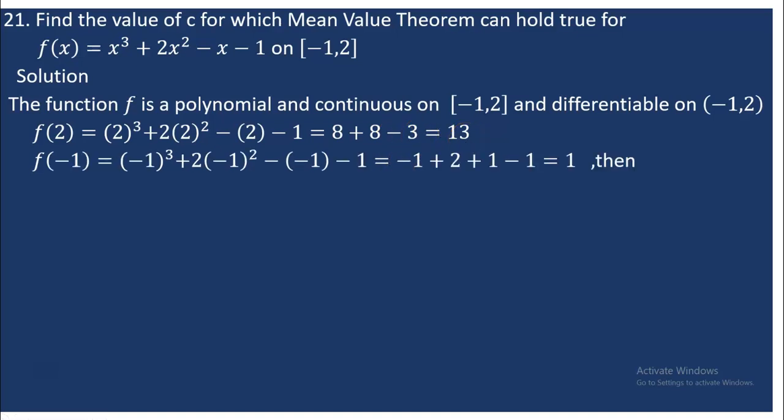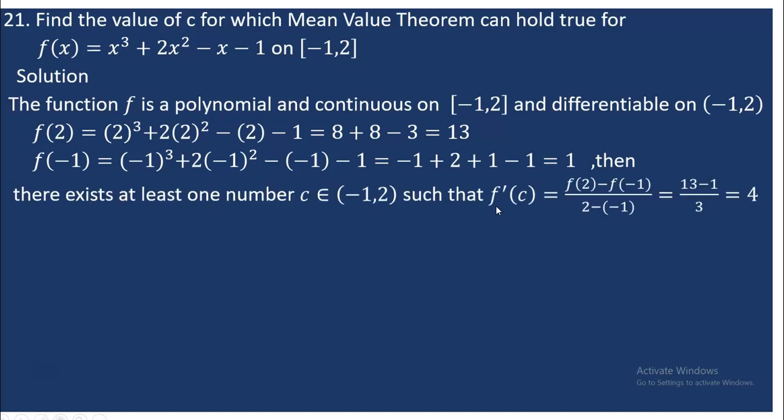And f of -1 is going to be -1 cubed plus 2 times -1 squared minus -1 minus 1. I'm simply substituting -1 in place of x throughout, and I can have 1 here. So as long as the function is satisfying all these assumptions, there exists at least one number c within the open interval -1 to 2, such that the derivative can be the same as f at 2 minus f at -1 divided by 2 minus -1.